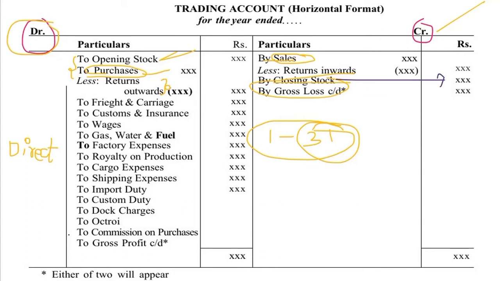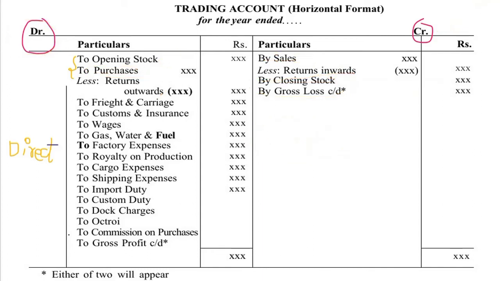Then here the main things are gross loss and gross profit. After calculating the credit side balance and the debit side balance, wherever you have got the highest amount, for the other side we need to make it equal, guys.